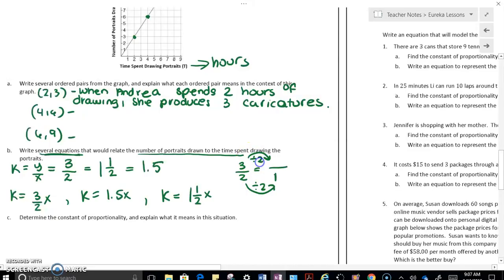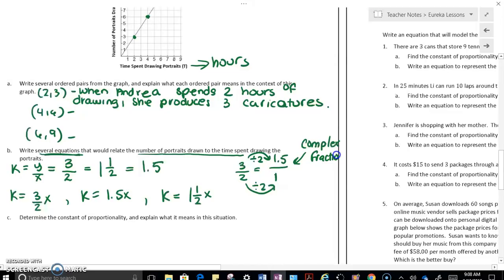So what's 3 divided by 2? 1 1/2, or 3 halves. Let's write it as 1.5 so you can see that. I can easily see that 1.5 over 1, that's my unit rate. This is what we call a complex fraction.